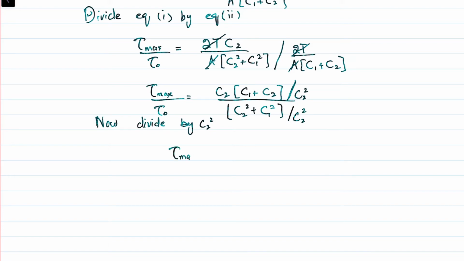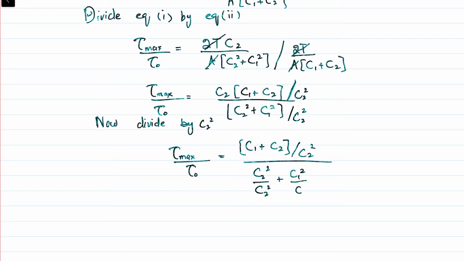So τmax over τ₀ will be equal to, this will give you (C1 plus C2) divided by C2, and the below one will be equal to C2 square over C2 square plus C1 square over C2 square. And here this C2 will cancel with this C2.